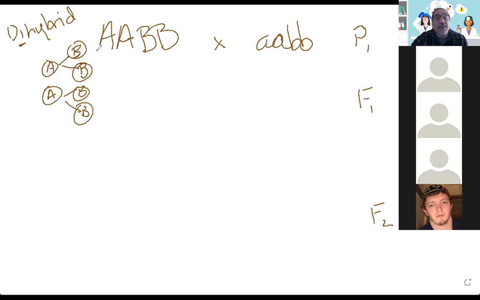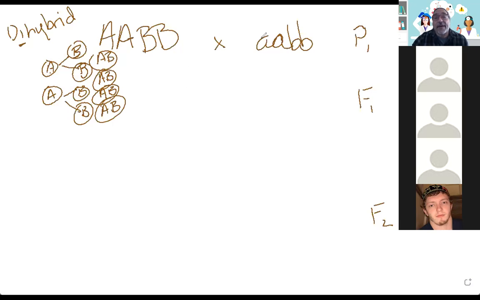Which means, and you just count them up, A, B, A, B, A, B, A, B. Okay, so this is just using a little path diagram. It seems silly to do this for just two genes.